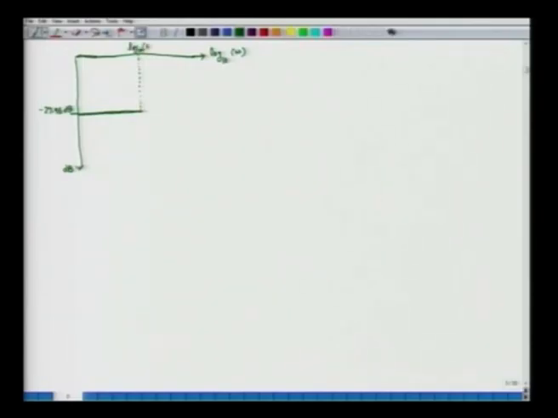That is my crossover point, and after that I have my high frequency asymptote, where the slope is minus 40 decibels per decade.